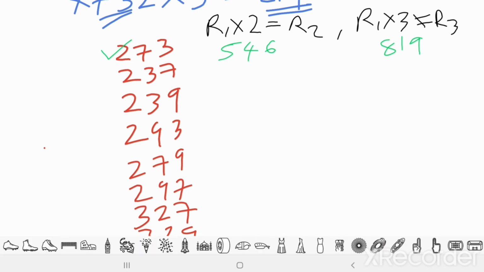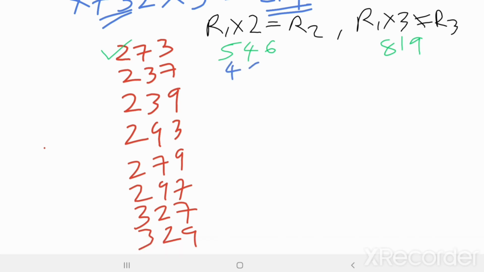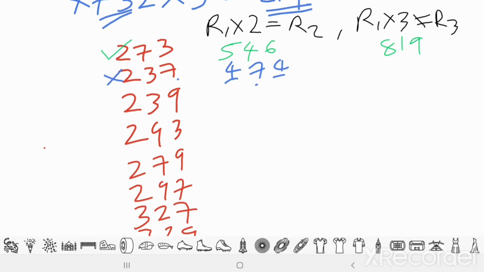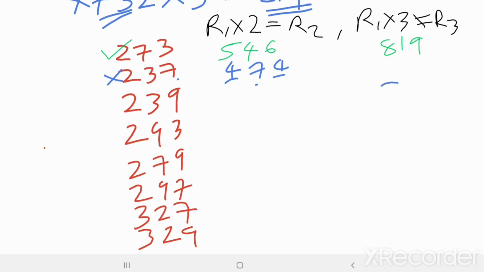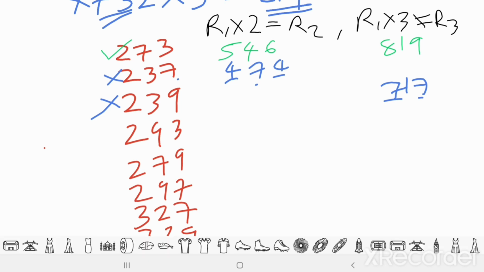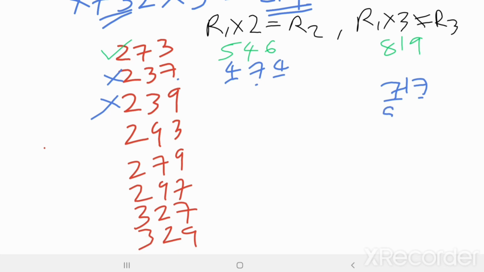Now see the second number, 237. 237 into 2 we get 474. Here 4 and 7 are repeating, so we are eliminating this number. 239, multiplying by 3 we get 717. 7 is repeating, so we can directly eliminate. 293, multiplying by 3 we are getting 879.